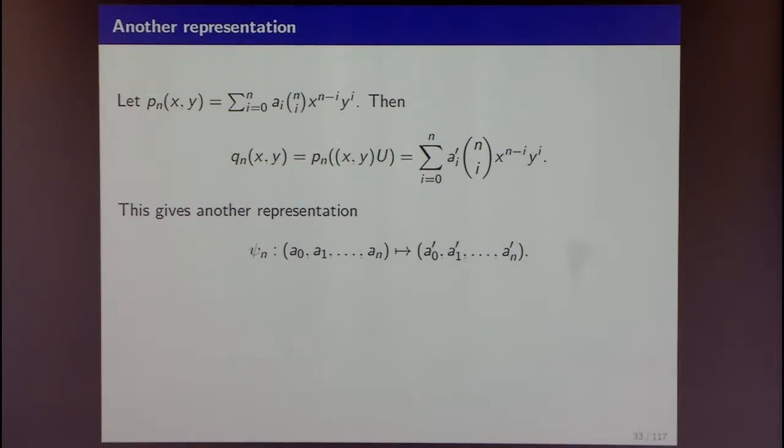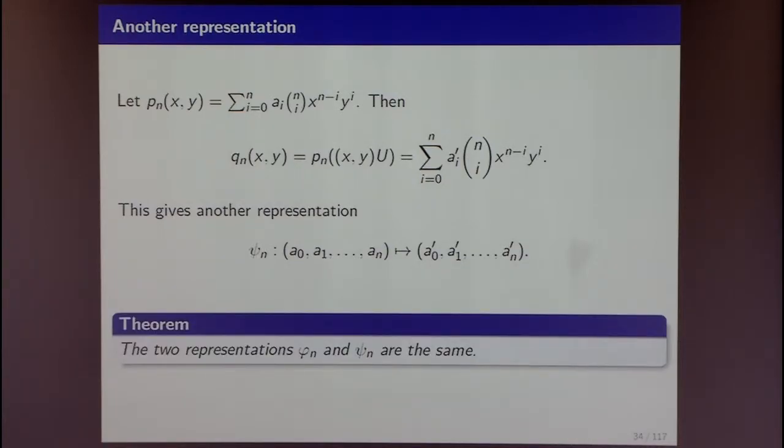You think of (x,y) as a row vector multiplied by the 2 by 2 matrix U. It gives you a new two-term vector, each entry of which is a linear form in x and y. Then you re-express it as a homogeneous polynomial with new coefficients, so you change these coefficients to those coefficients. This is, in fact, the canonical way you get the unique irreducible representation of SL2 in dimension n plus 1. And as a simple theorem, you can check yourself that they are exactly the same.